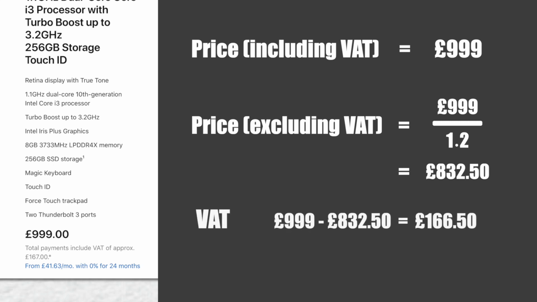So the VAT is equal to £999 subtract £832.50, which is equal to £166.50. By rounding this figure to the nearest pound, we have £167 for the VAT, which is what Apple have on their website.